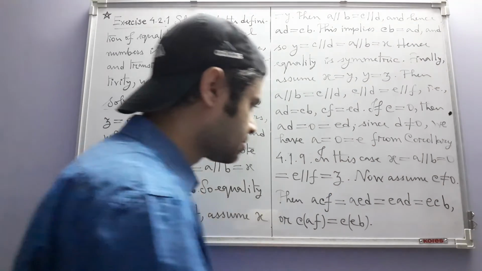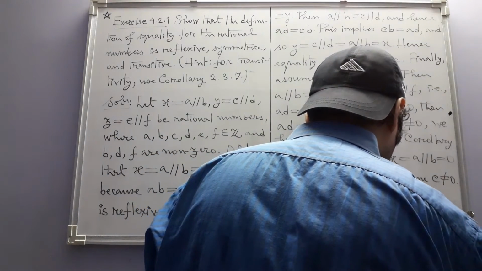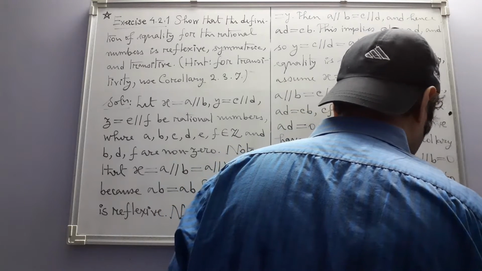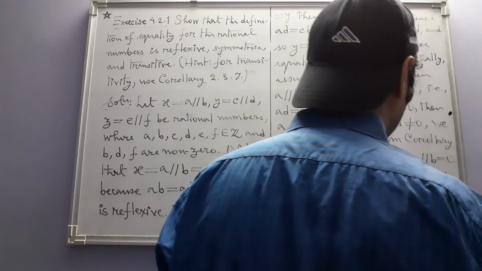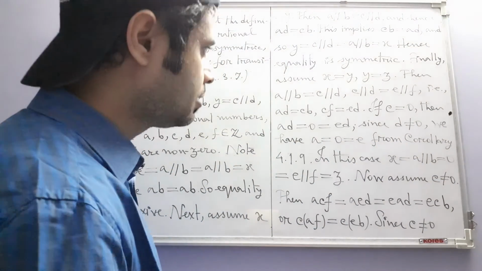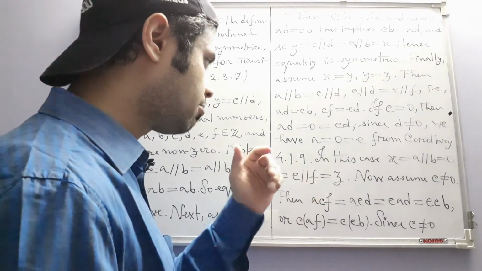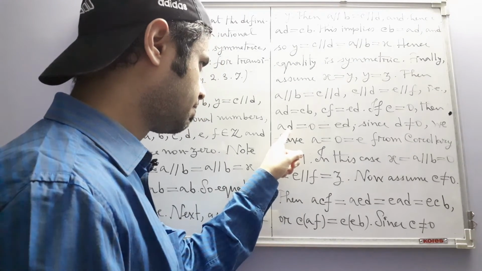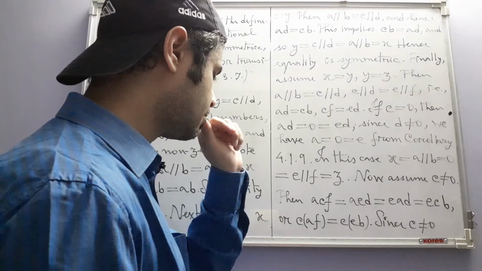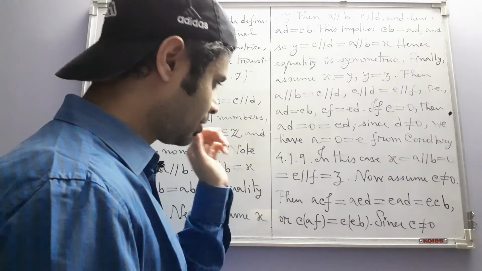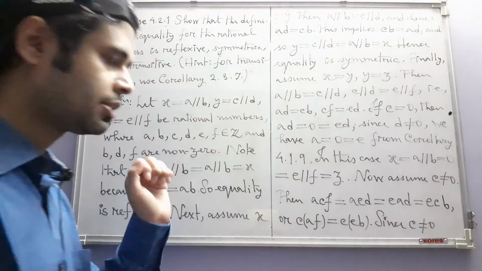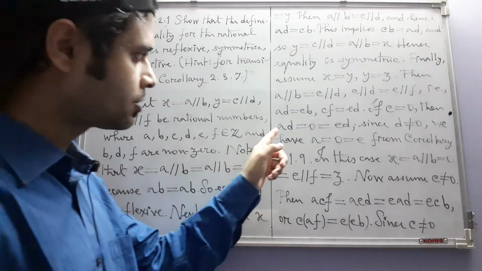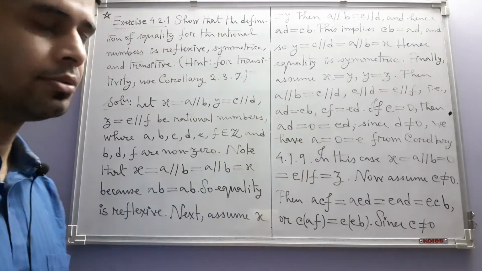Okay, since c is not equal to 0, I think this corollary 4.19 that I am writing here, although it's a consequence of the fact that the integers have no 0 divisors, is actually the cancellation law.